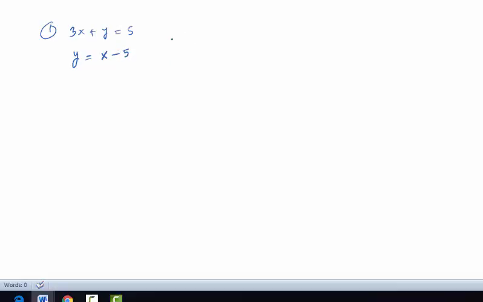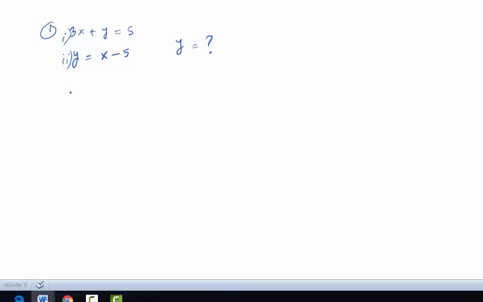Now the question asks, what is y equal to? As you can see, we have two different equations. This is equation number 1 and this is equation number 2.